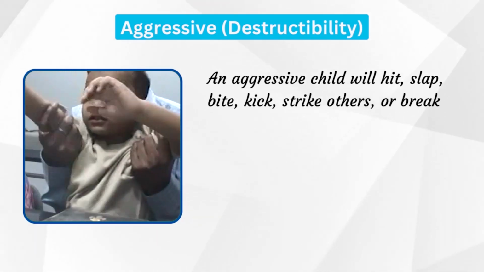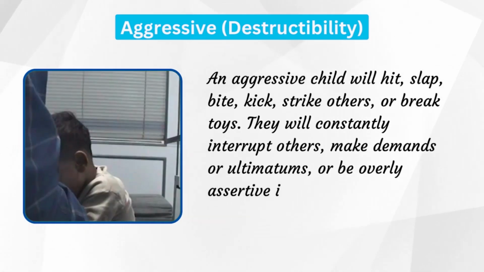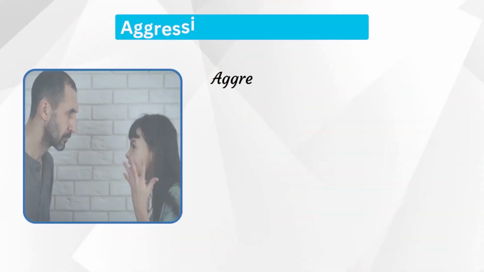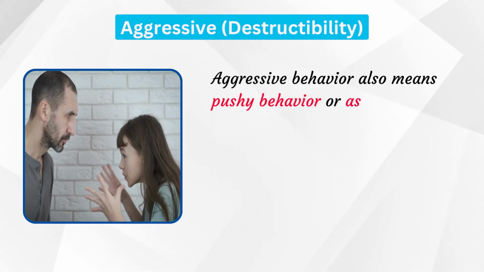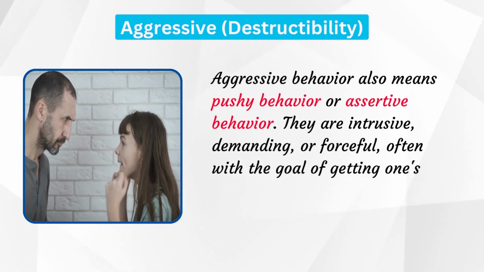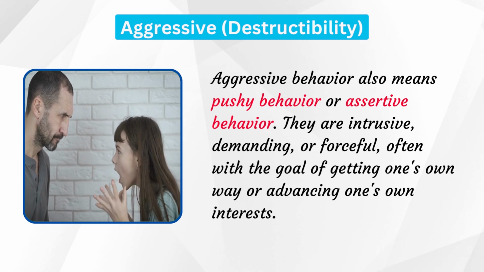They will make a lot of demands. They will give ultimatums to their friends and their parents, or they will assertively get what they want. So this is also aggressive behavior. A few other words we can use for aggressive behavior are assertive behavior or strong behavior.